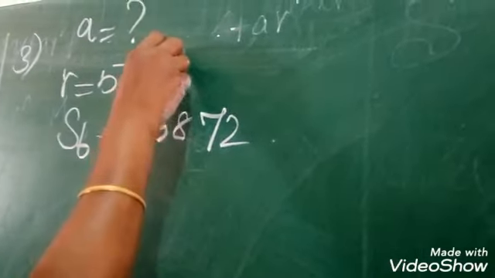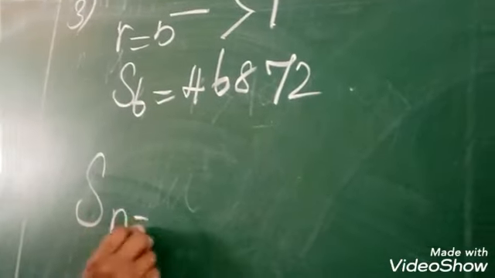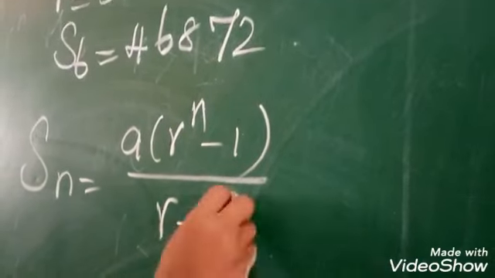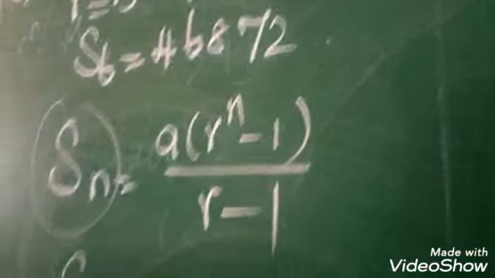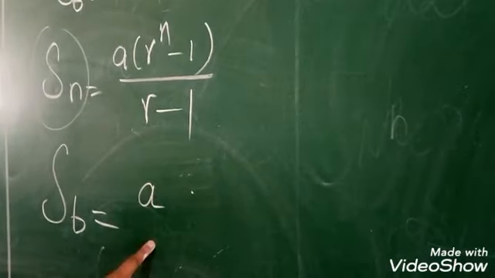What is the formula? Yes, R is greater than 1, so the Sn formula is A into R power n minus 1 divided by R minus 1. Now you have to substitute S6, which they gave. So S6 is equal to A. What is the value of A? We don't know. So we want to find out A.